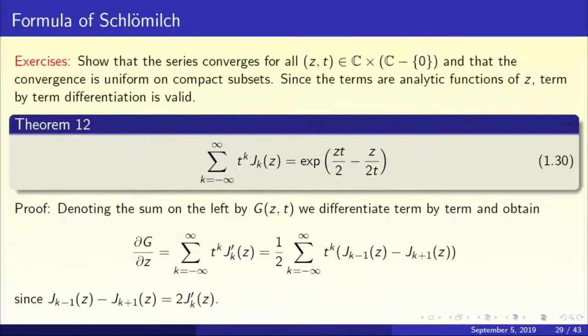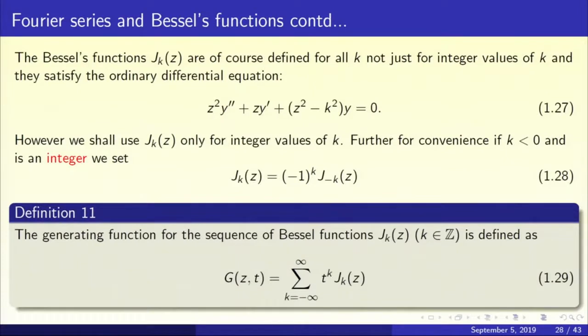Go back to the definition of g. g(z,t) is the summation over k from minus infinity to infinity of t to the power k J_k(z). Let us put z equal to 0 in this equation. We simply get the sum of t to the power k J_k(0) with respect to k. So we must understand what is J_k(0).